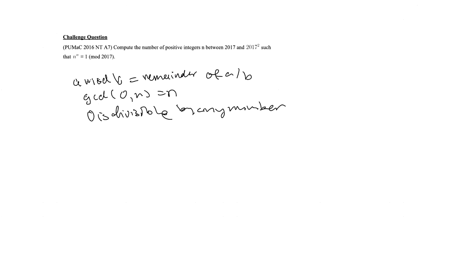The third one, if you go into the definition of divisibility, also makes sense. So I hope these definitions make sense. They're going to help us a little bit. And for this purpose, I'm going to note that GCD of 0 and n is equal to GCD of n and n. And so we'll be using this fact later.